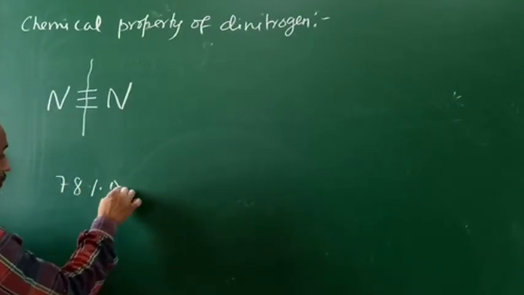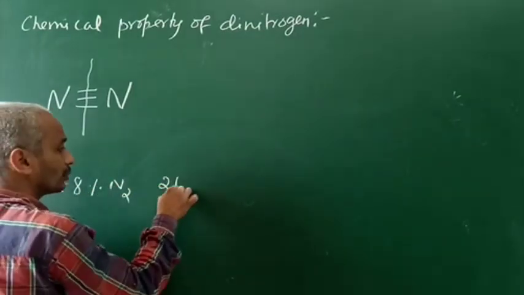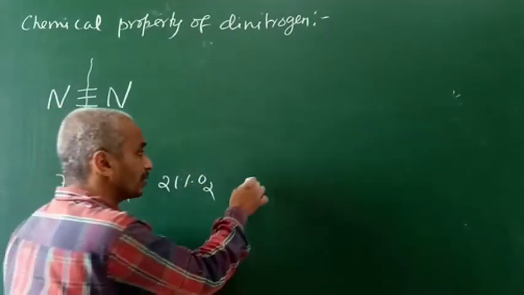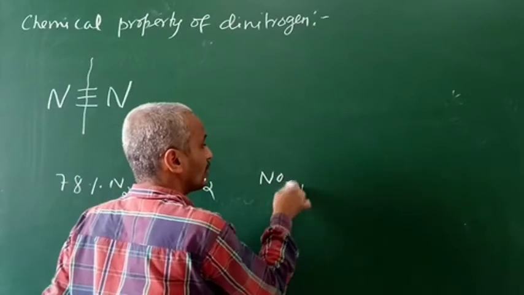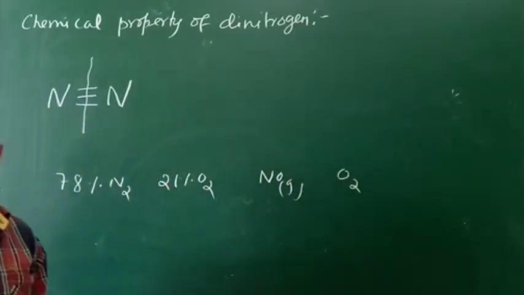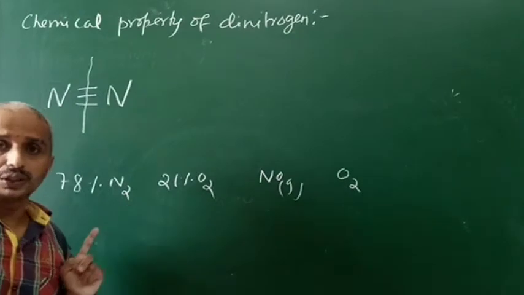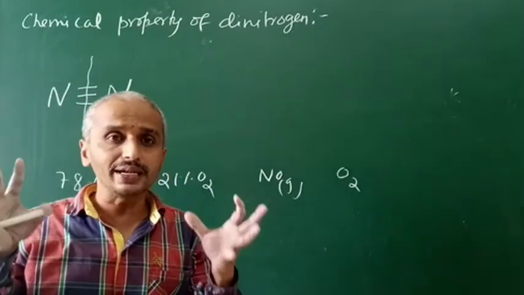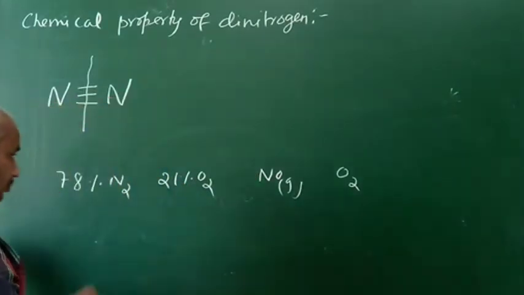That's why, see there, 78% nitrogen, 21% oxygen, but we are not inhaling NO gas, we are inhaling the O2 gas only. But during lightning, what happens? Lightning provides the energy.